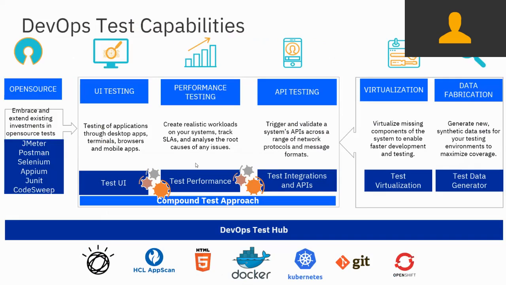But we can still create a suite of tests, mixing UI, performance, and API to create a compound test approach where we could have a scenario for testing an application, also including open source coming from the outside. So we leverage that as well. And all that can then be deployed onto our test server that is called Test Hub with the new renaming.